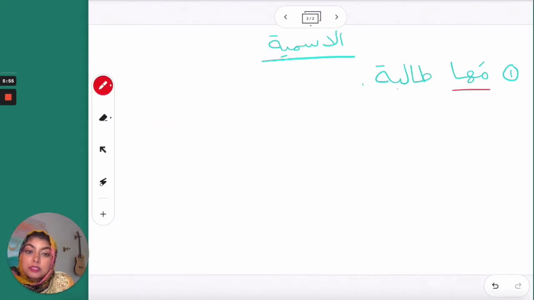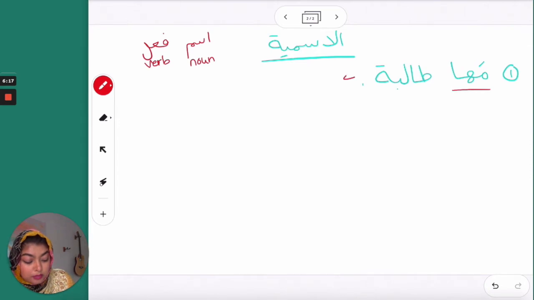And you look at what type of word is it? Right now we're comparing ism and fi'l. So is it a noun or is it a verb? Remember, a noun is a person, place, or thing, right? And fi'l is an action. So maha, what kind of word is it? It's ism. So if the first word in that sentence is ism, we call this الجملة الاسمية.